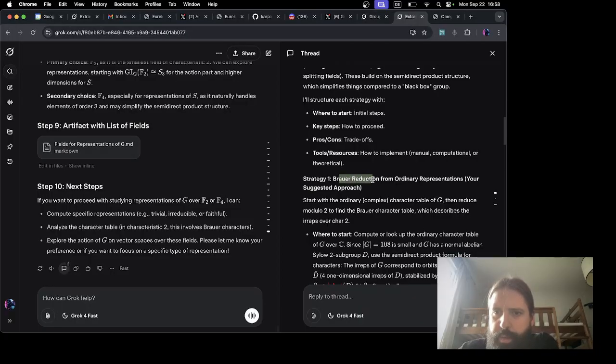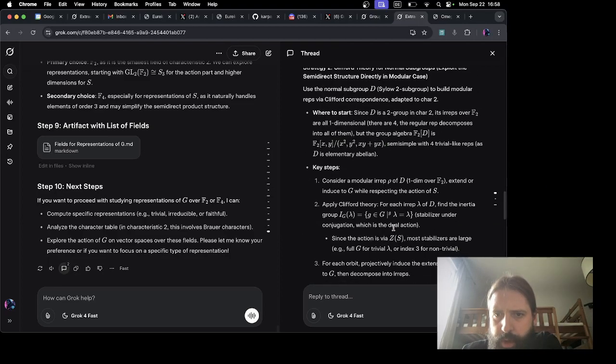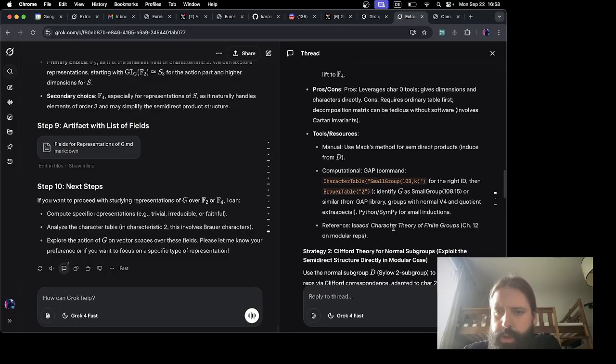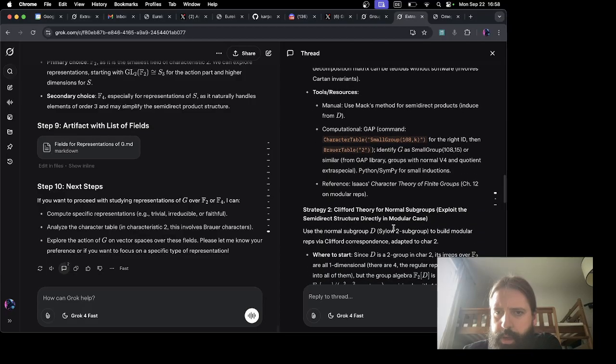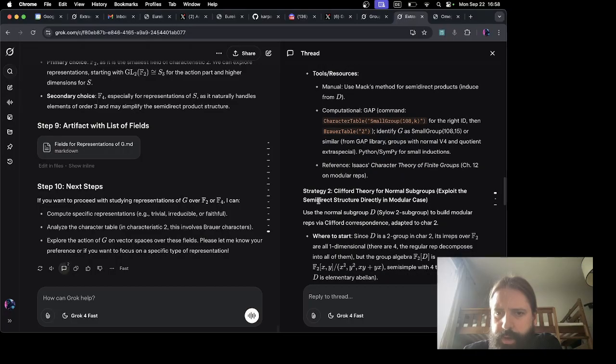So we've got Brauer reduction from ordinary representations. We've got a smaller group. Then we've got strategy 2, Clifford theory for normal subgroups. Exploit the semi-direct structure directly in the modular case.